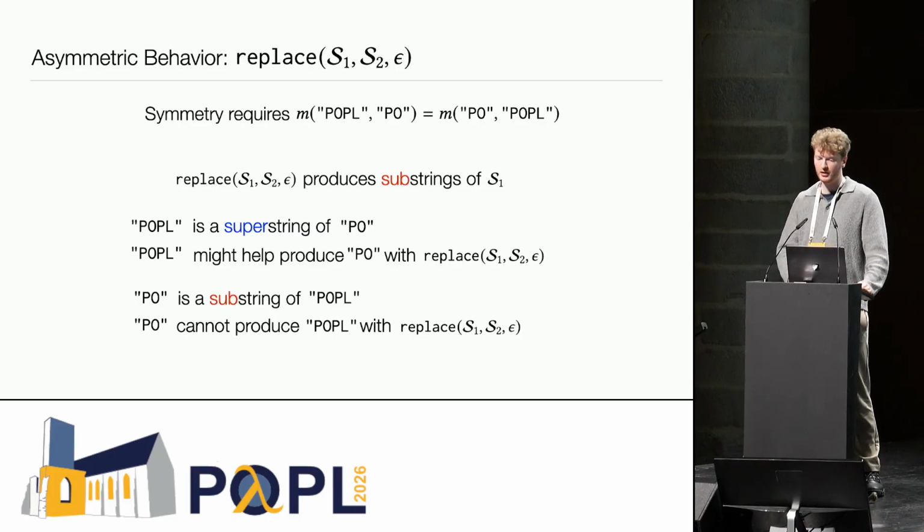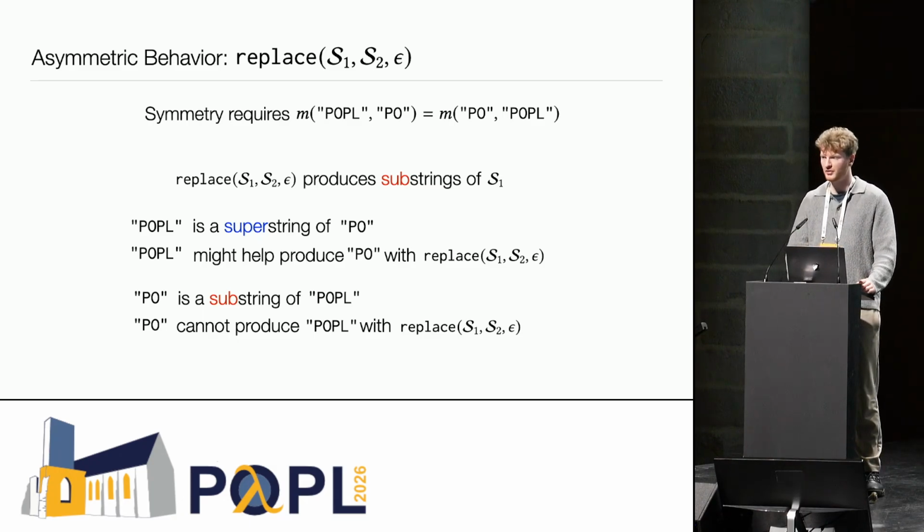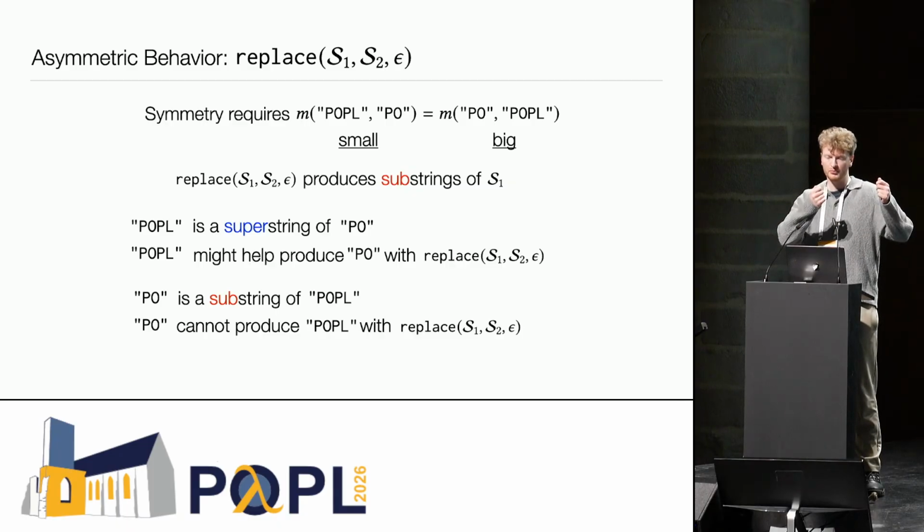But again, the other way around, PO is a substring of POPL. In this case, PO cannot produce POPL using the replacement with epsilon. Here we also want to have a small distance from POPL to PO, because we can go from POPL to PO using the replacement operator. But the other way around, we might want to have a big distance from PO to POPL.